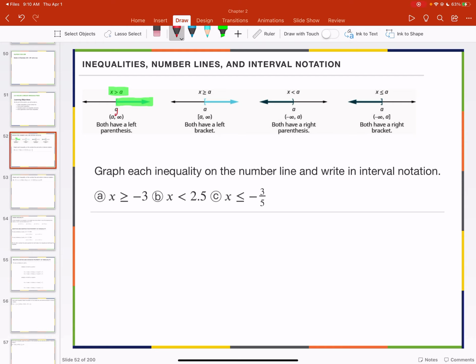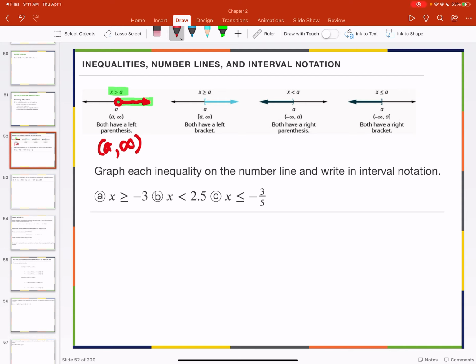So they'll have a little parenthesis. Sometimes when I graph, I use a circle like that, and then I graph to the right. So in interval notation, we would write a parenthesis because you're not including that letter a. And then to the right, since it goes on indefinitely, you would close it with infinity. And you would never use a bracket because you do not include it. So parentheses means everything, but not including that exact point.